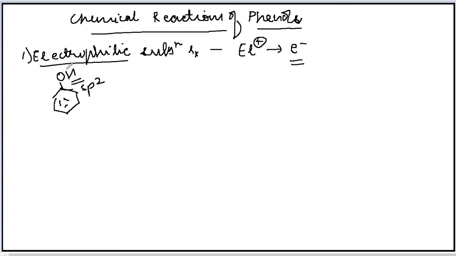Now in this case, the presence of this hydroxyl group activates the benzene ring towards the electrophilic substitution reaction. So why does phenol give electrophilic substitution reaction? The reason is that the presence of this hydroxyl group only activates the benzene ring towards the electrophilic substitution reaction.